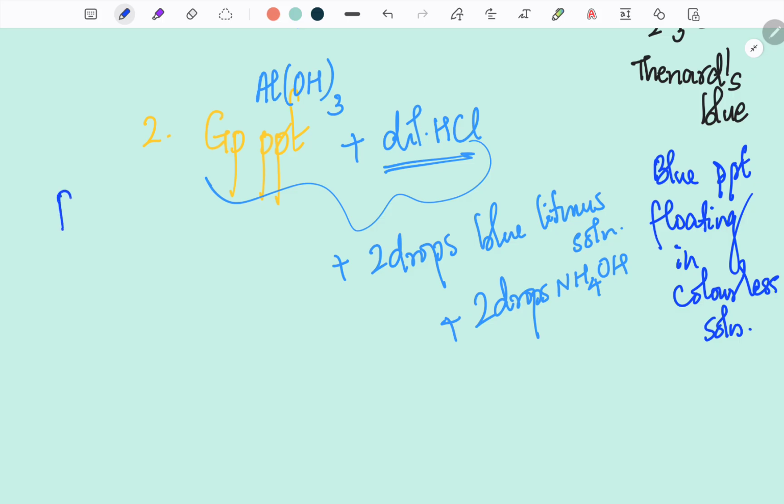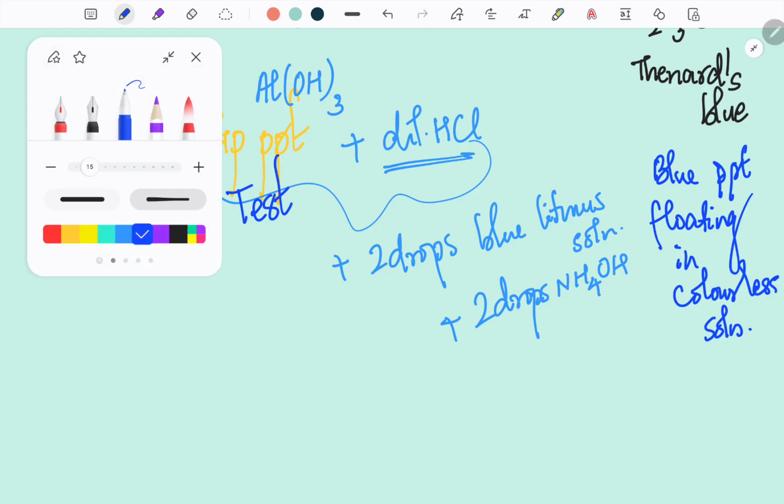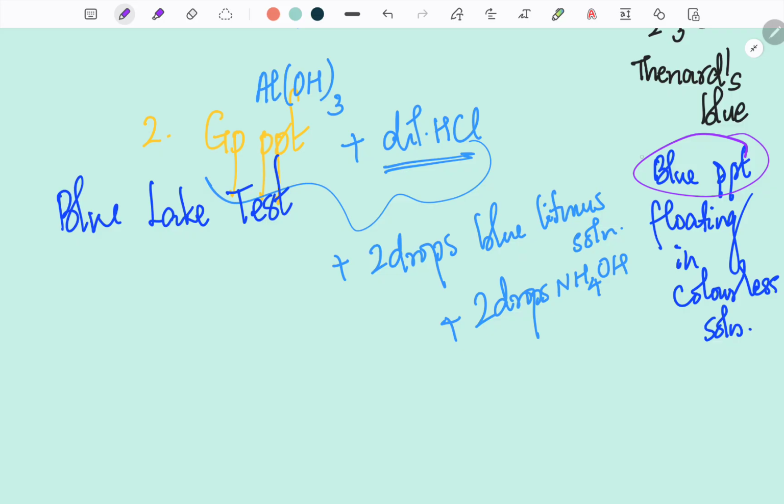And this test is known as the blue lake test, because you are getting a blue precipitate in a transparent or colorless solution. And this blue precipitate which is formed is actually still aluminium hydroxide. We are starting with aluminium hydroxide and we are also ending with aluminium hydroxide.